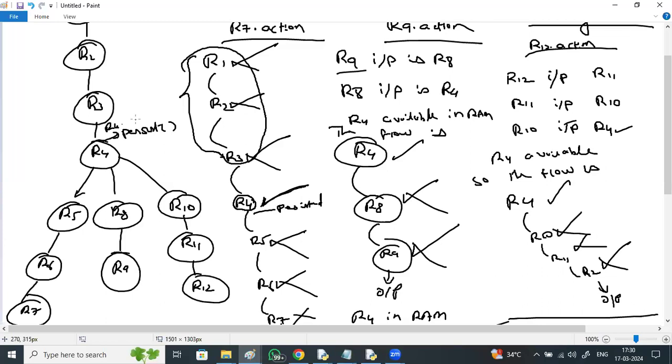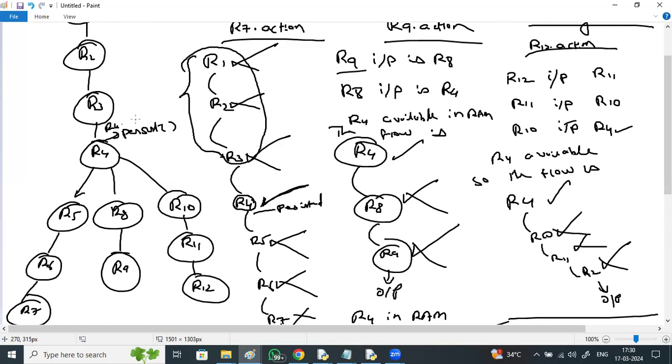After R4 is persisted, we have some output from the execution of the R4 RDD. So using that output, R5, R8 and R10, these 3 different flows, can run. You think that you did an R4 dot action, R4 got loaded and then persisted.